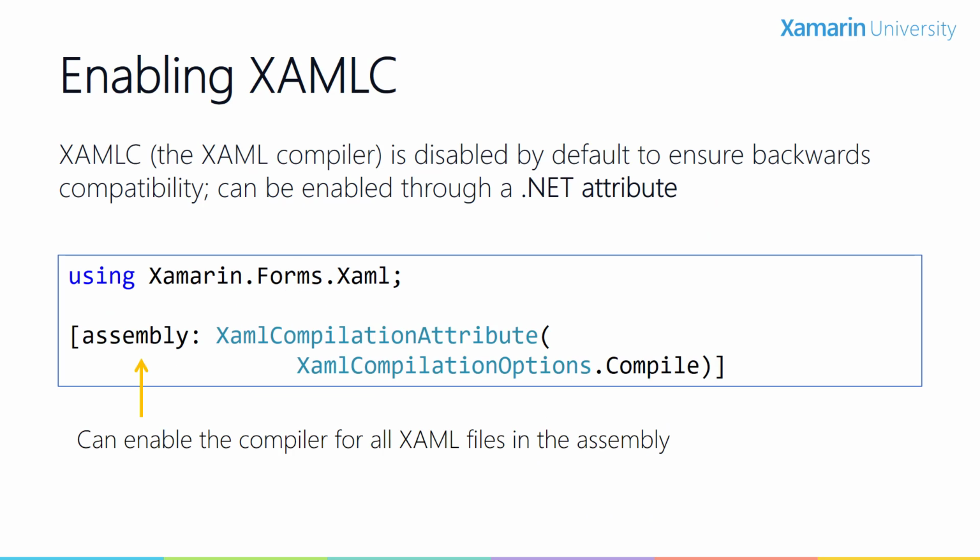So currently, XAML compilation is disabled by default, but here's one way to turn it on very quickly. All we have to do is set this assembly level attribute, and we'll pass in the parameter of compile. And by just doing this, it will now start generating C# statements instead of parsing your XAML.